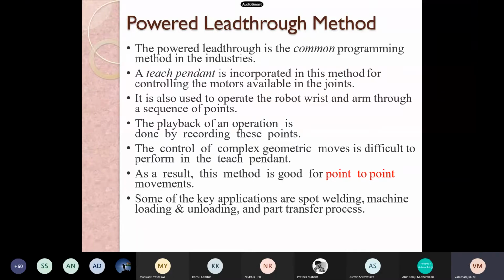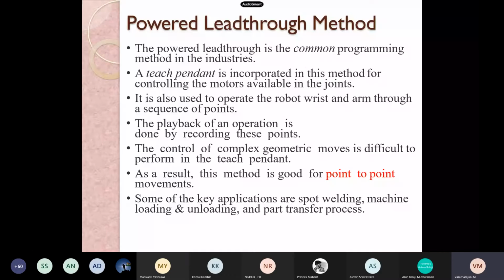Today we are going to cover the powered lead through and manual lead through methods. The powered lead through method makes use of a teach pendant to control various joint motors and to power drive the robot arm and wrist through a series of points in space.